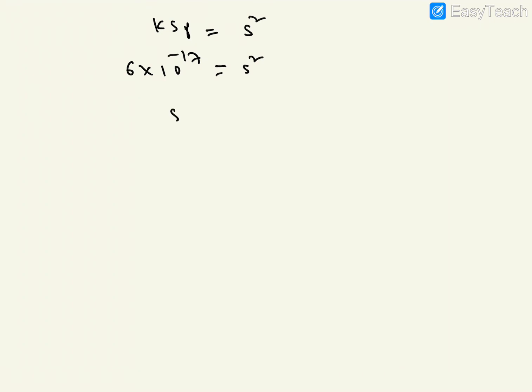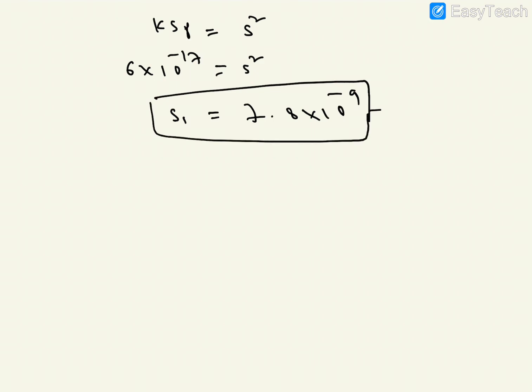So for any one ion, S equal to S1 is 7.8 into 10 to the power of minus 9. This is the solubility of one ion of AgCN.